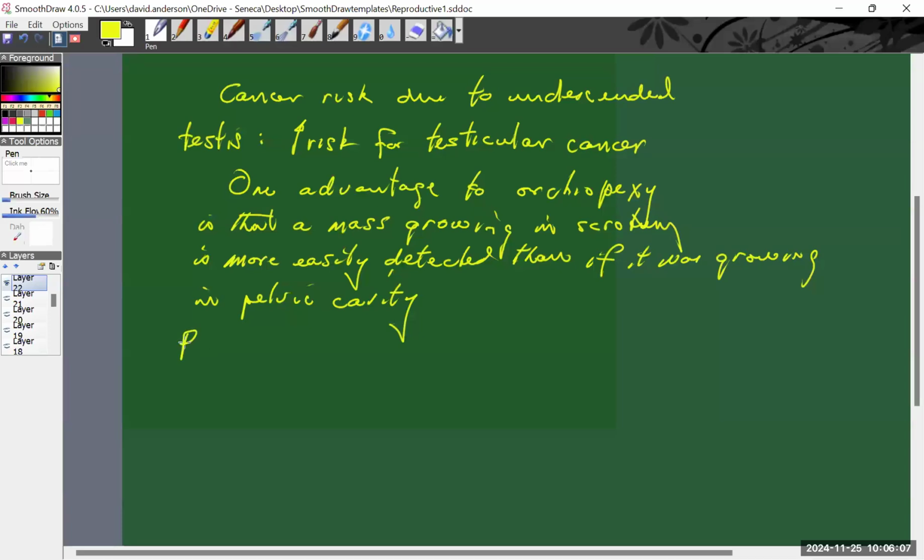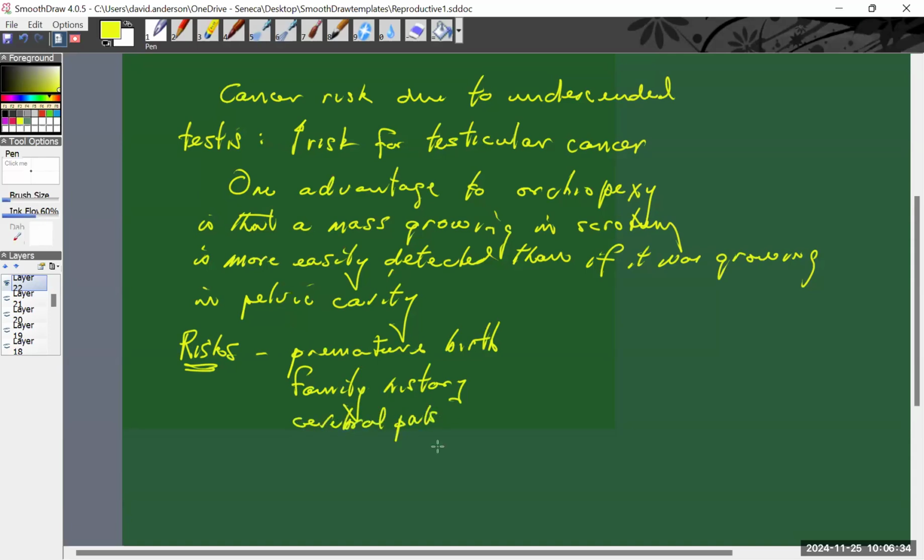So who's at risk for an undescended testes? Obviously, premature. If there's a family history. Cerebral palsy increases the risk. Okay, obviously, if there's already some structural or functional changes, that's going to increase the risk of some additional ones.